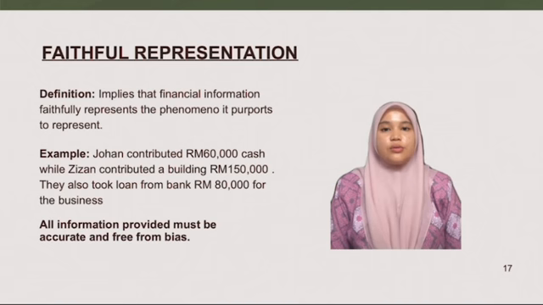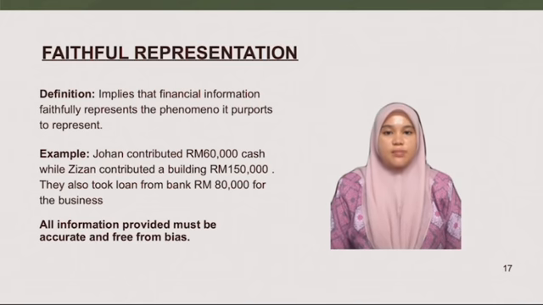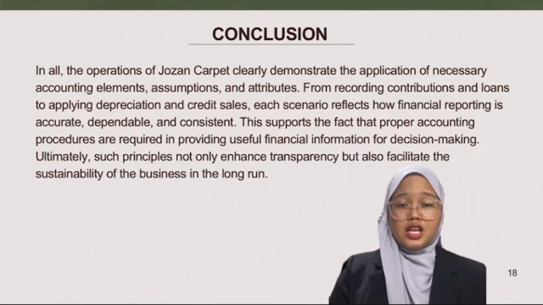They also took a loan from the bank of 80,000 ringgit for the business. This shows all the information provided must be accurate and free from bias. So, in short, faithful representation ensures that the financial statements show the truth.